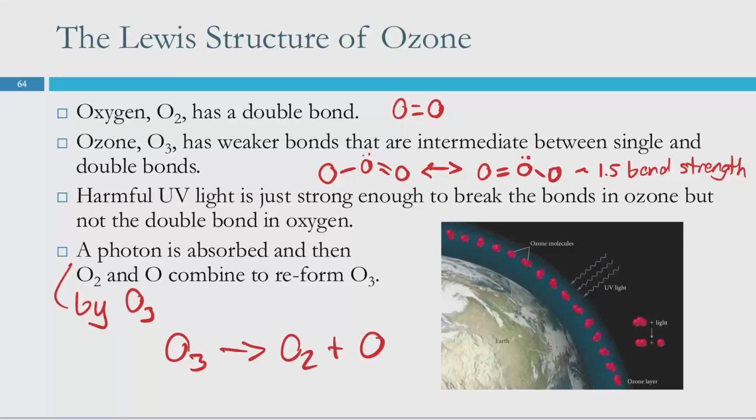So the ozone is reformed at a later point. It doesn't just stay as O2. It's complex atmospheric chemistry that I'm not equipped to talk about. Okay, that'll do it for this chapter.